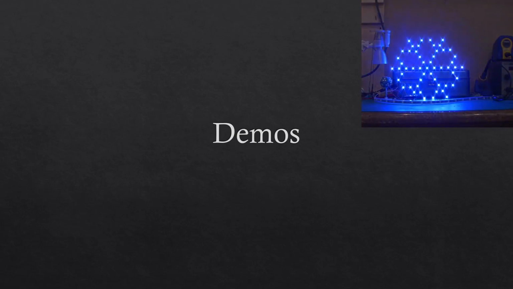Now, rather than just showing you lots of PowerPoint or talking about it a lot, I'm going to do most of this video with demos. To help me out with that, I have 3 little helpers here. To start, we have a red globe that has 33 LEDs. We have a green strip.